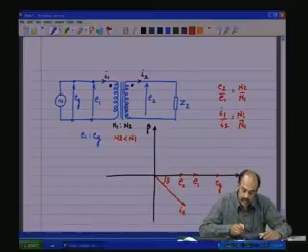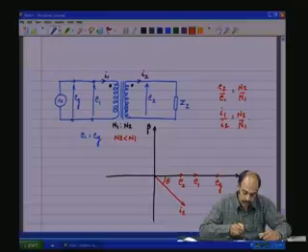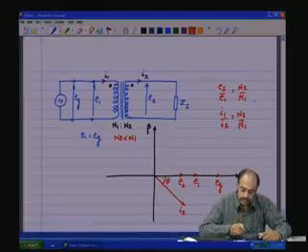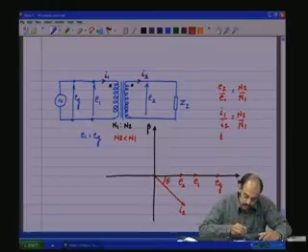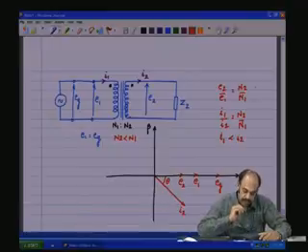So, N2 by N1 is also equal to I1 by I2. N2 by N1 is less, and therefore I1 will be less than I2, whatever the value of I2. So, I1 will be less than I2 in this case, and E2 will be less than E1 in this case.